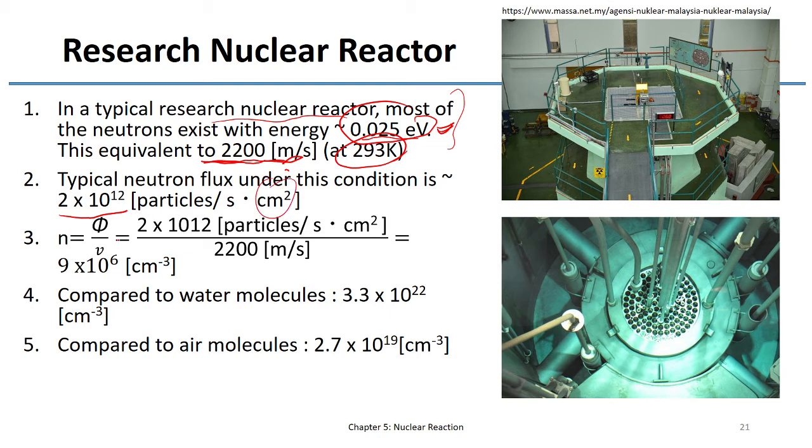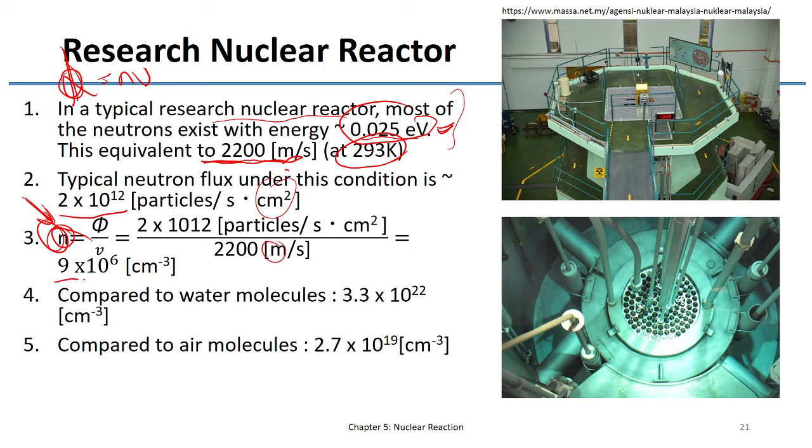Okay, and in this particular example, I forgot to mention, it is trying to calculate the density of the neutron. So as flux phi equal to N V, N is phi over V. If you calculate it, be careful with the unit.